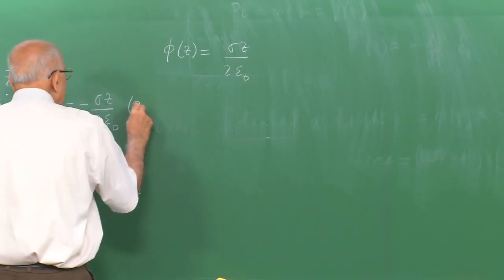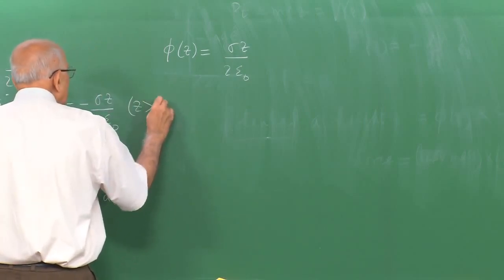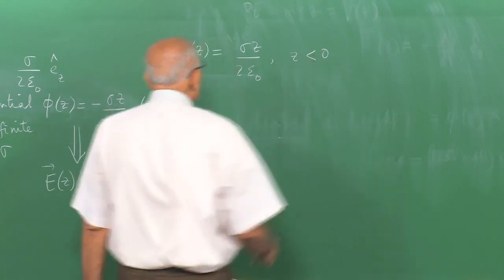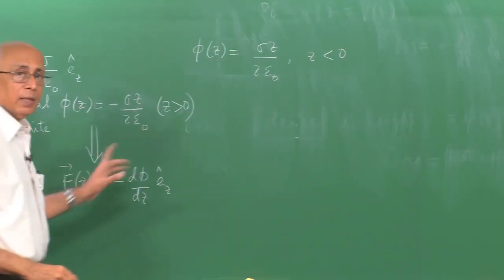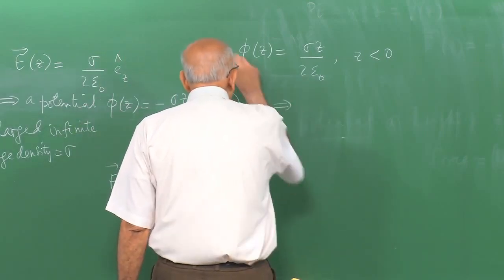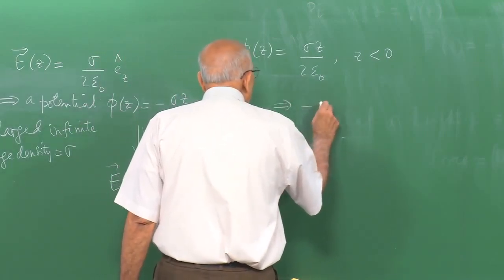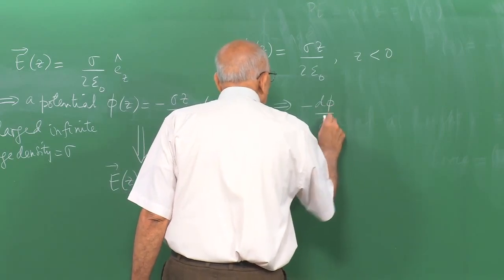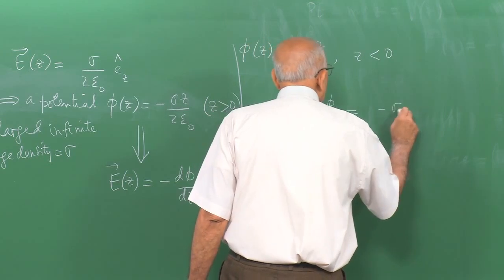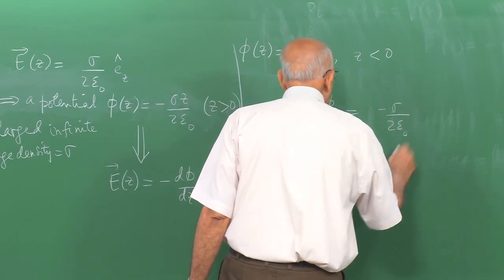So this is for z greater than 0, and this is for z less than 0, because now if you differentiate it and write down minus d phi over dz, this would imply therefore that minus d phi over dz is equal to minus sigma over 2 epsilon naught.